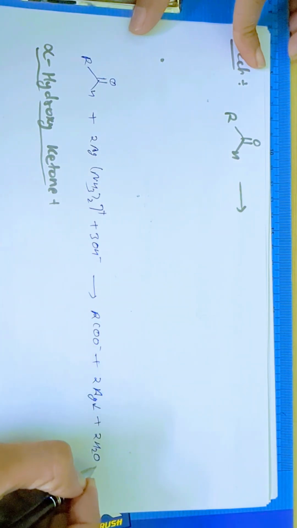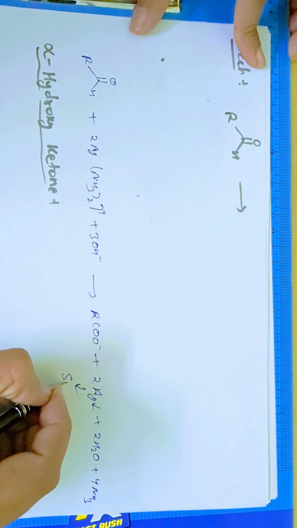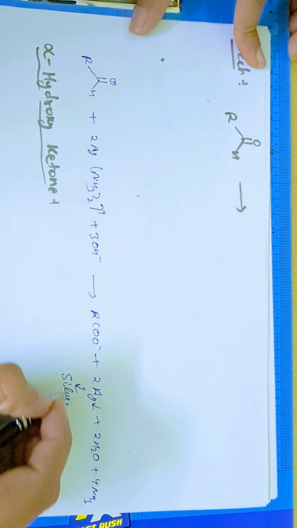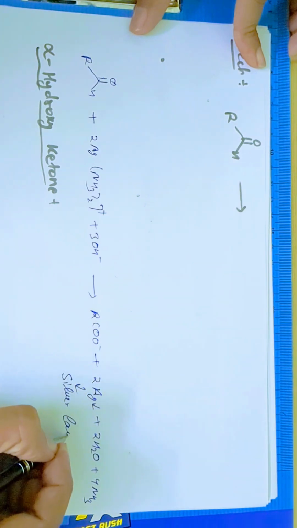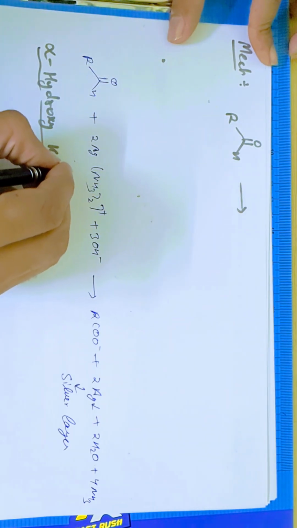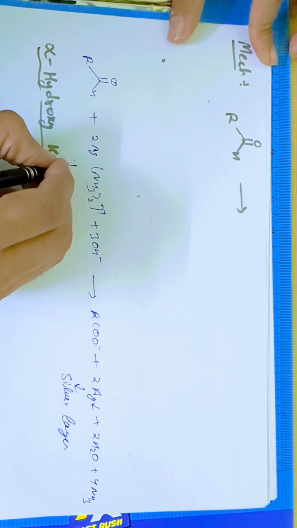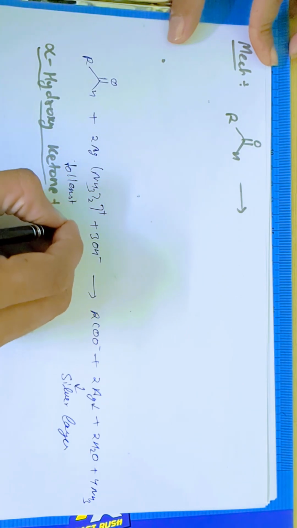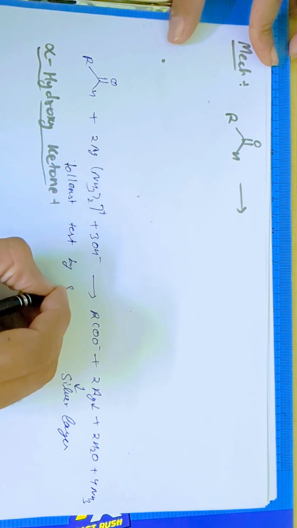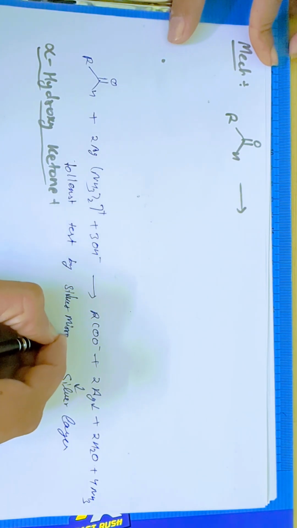That silver is in the zero oxidation state, and it forms a metallic silver layer, which is why this is also called the silver mirror test.